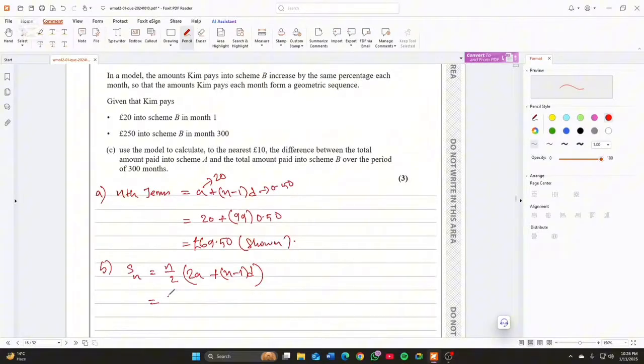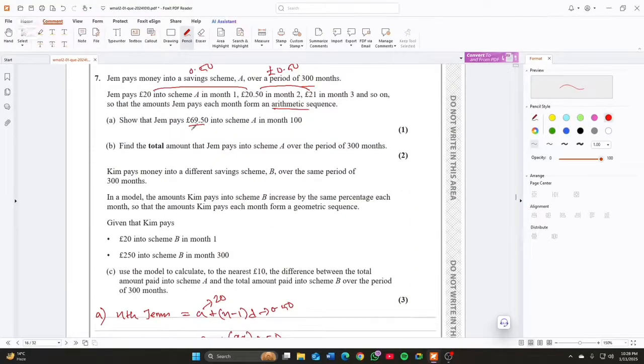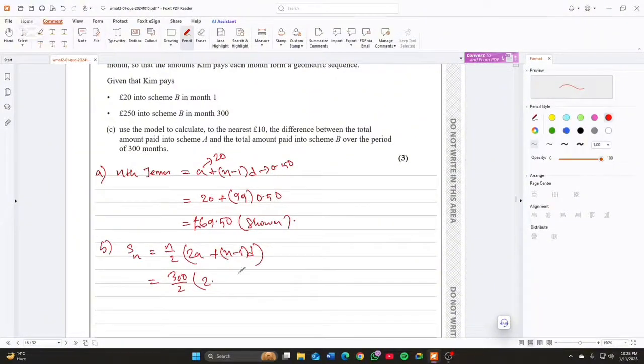So n is 300 over 2, and 2 times what? 2 times a. A was 20. So 20 plus n minus 1, where n is 300, so it's 299 times 0.5.